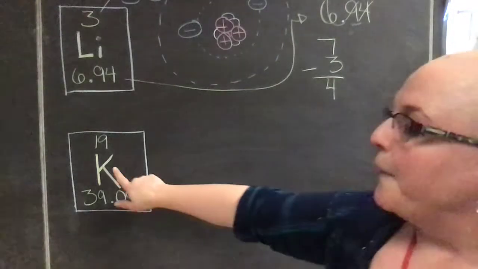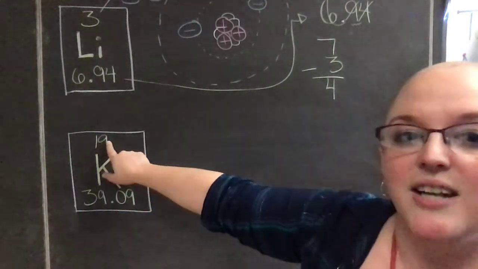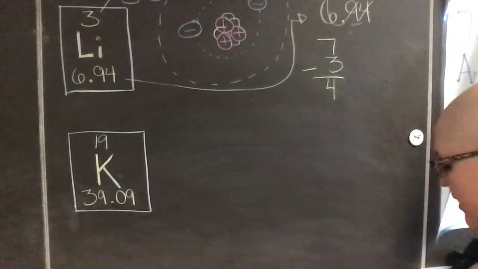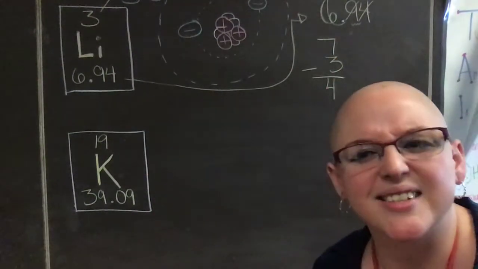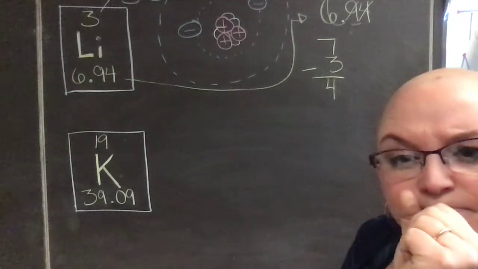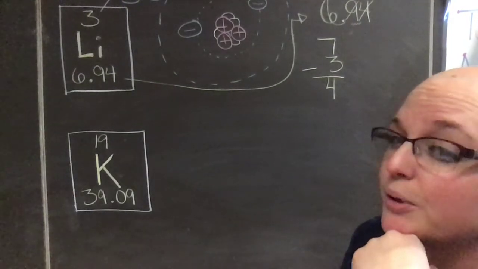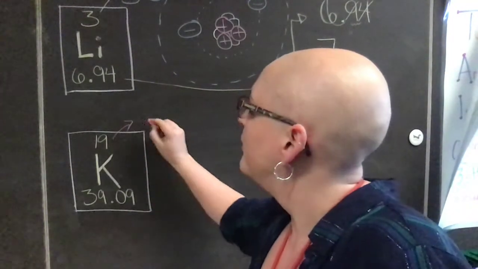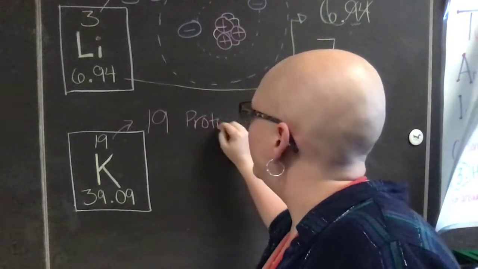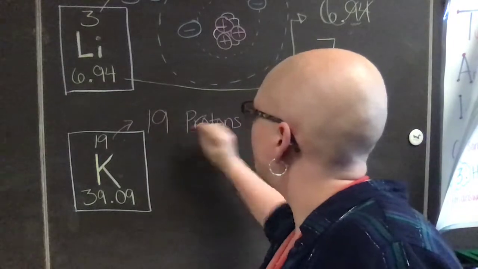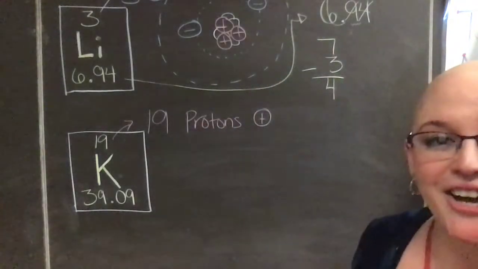So, potassium has an atomic number of 19. So here's my atomic number of 19. That means how many protons does it have? If you said 19 protons, you're right. 19 protons. Very good.